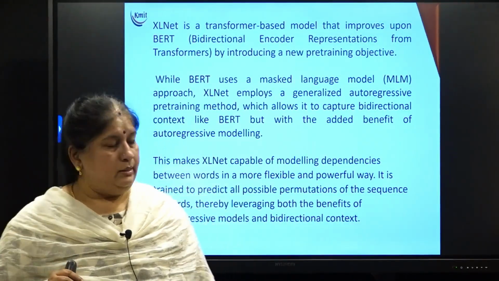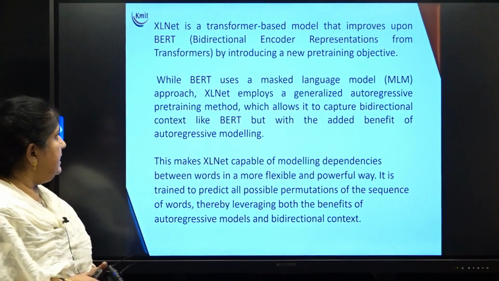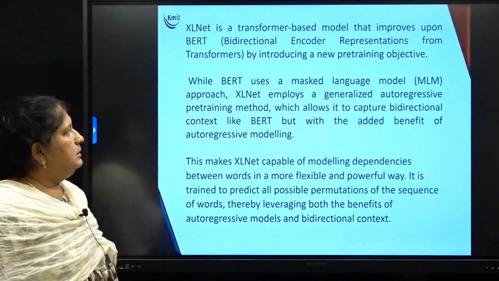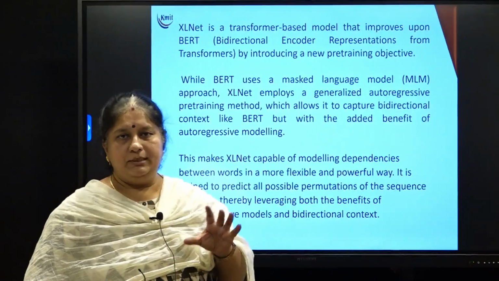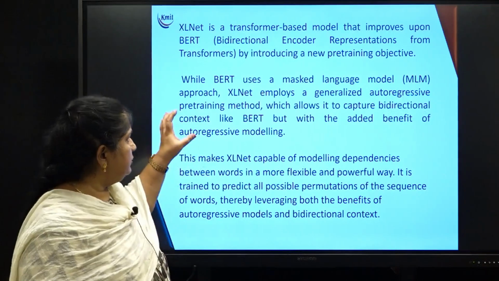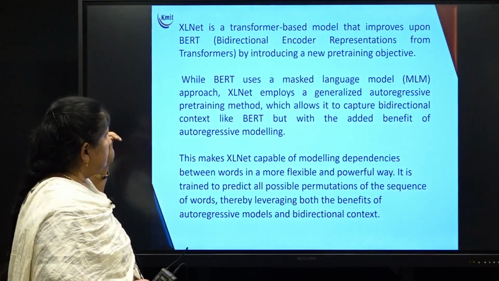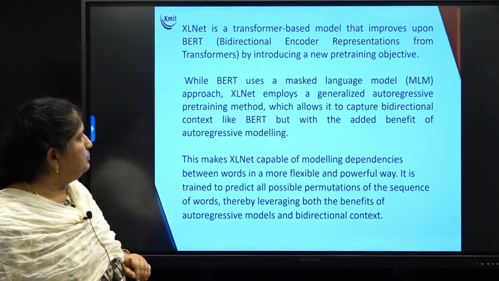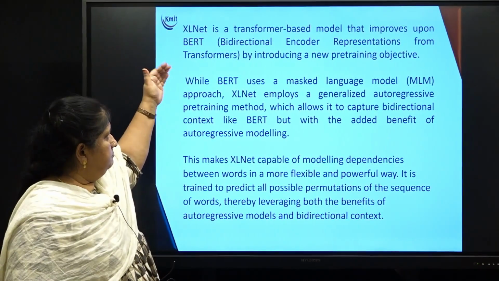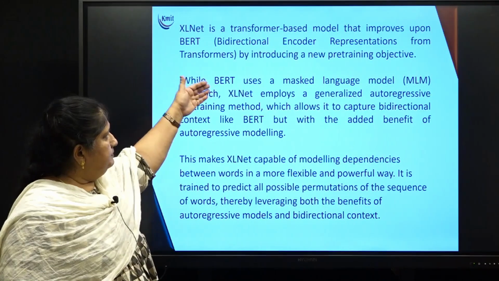generative AI domain. So let us start with XLNet, which is again a transformer based model which shows improvement on BERT. BERT is going for a masked language model, whereas XLNet uses bidirectional pre-training.